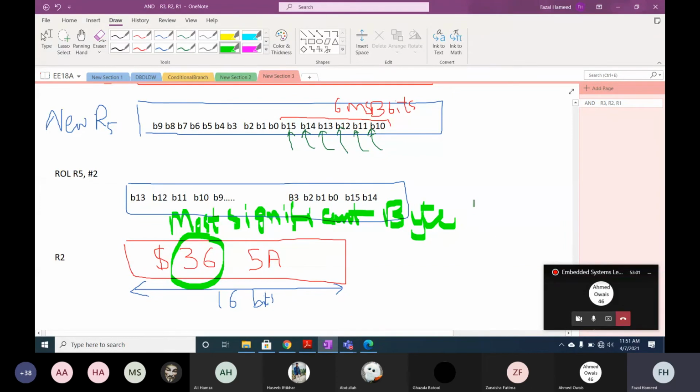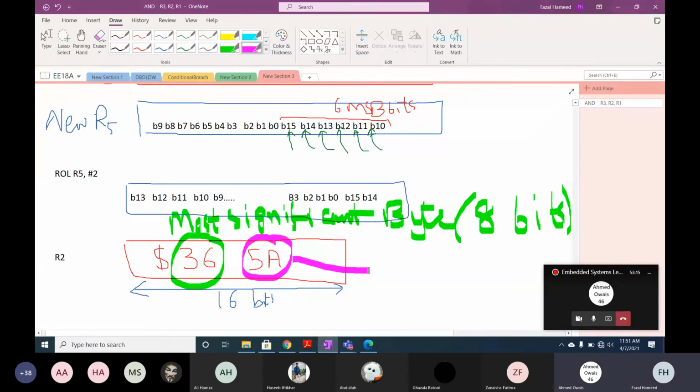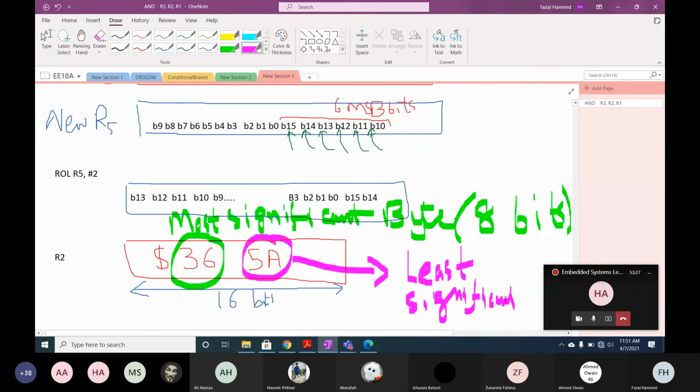What is the size of a byte in bits? 8 bits. What is the least significant byte in this particular example? 5A. So this is the least significant byte. And now we have a problem and we want to solve it.